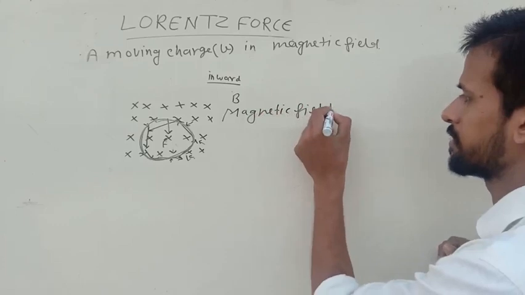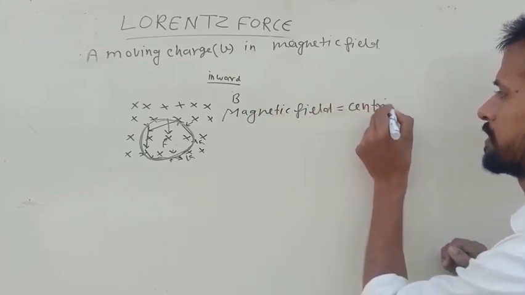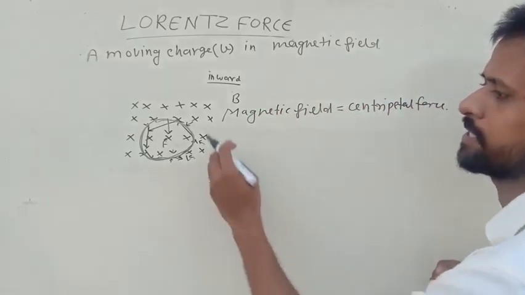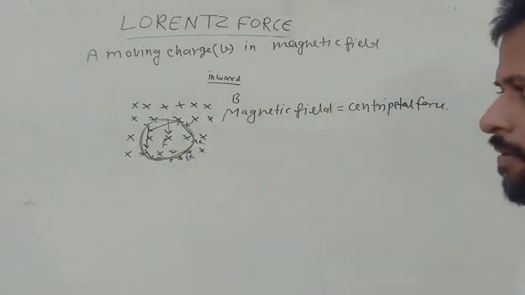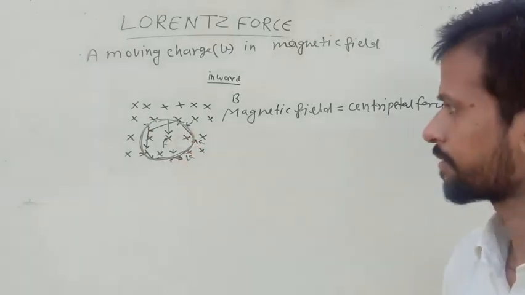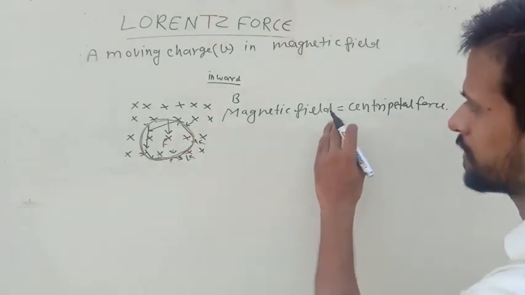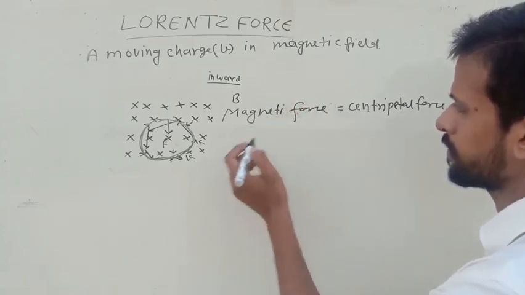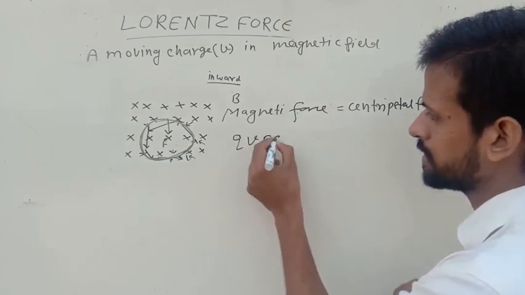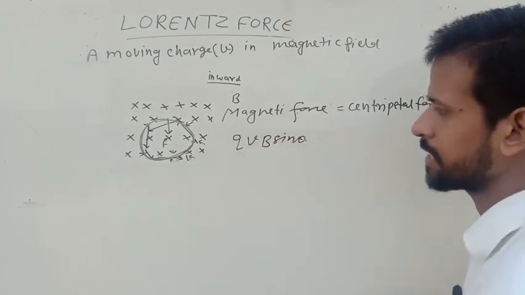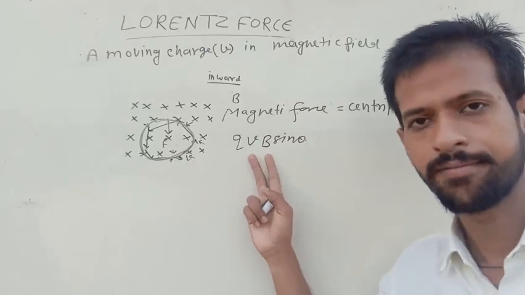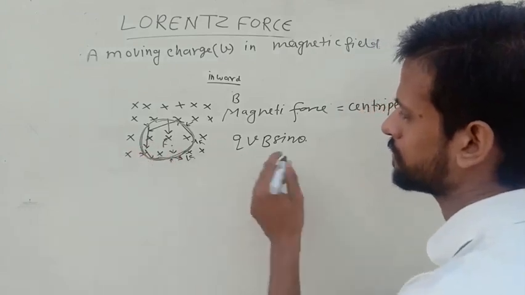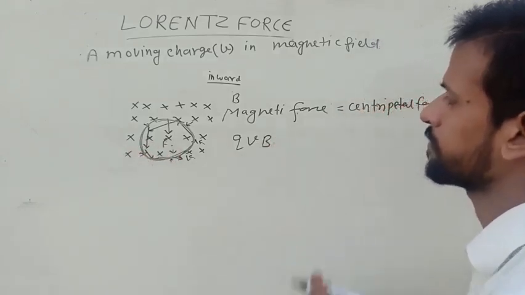Both are equal because it performs uniform circular motion with a fixed radius. So what will be the magnetic force? We know that this is QVB sin theta, where theta is the angle between V and B. This is 90 degrees, so sin theta becomes 1.